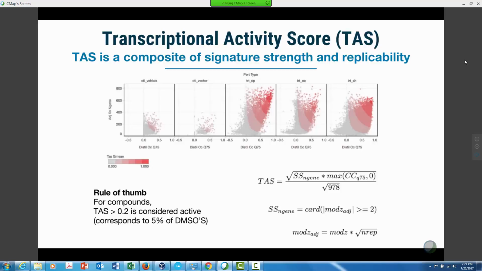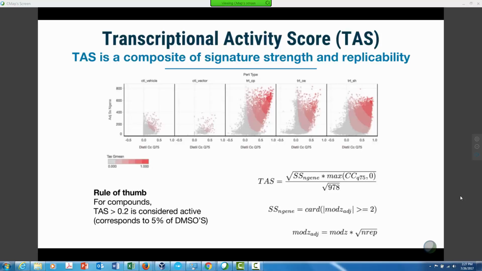At top, just for reference, we've plotted TAS. In these plots, the y-axis is signature strength, the x-axis is replicate reproducibility, and the coloring scheme is TAS. Anything that is not gray is a bioactive TAS, and darker colors mean a stronger TAS.